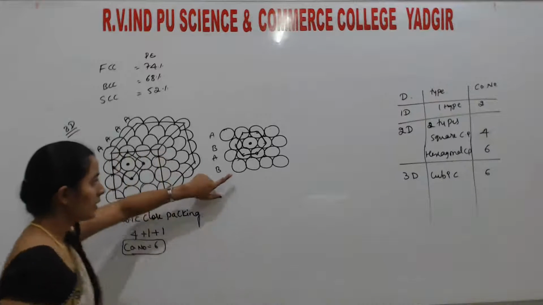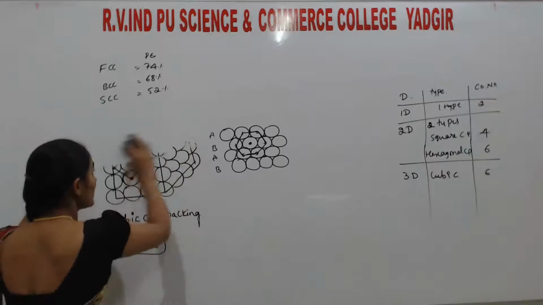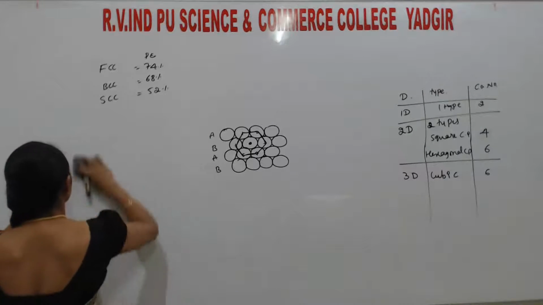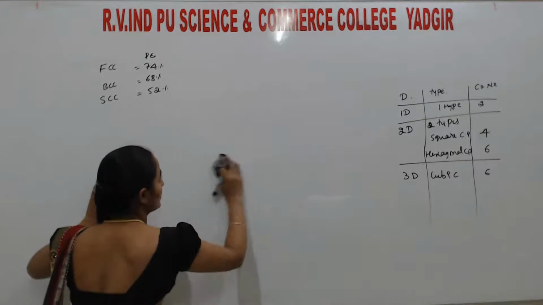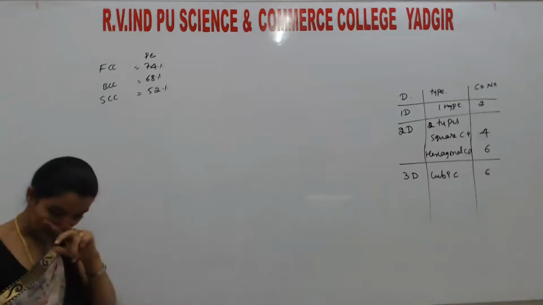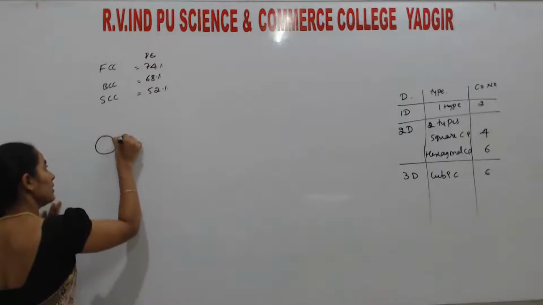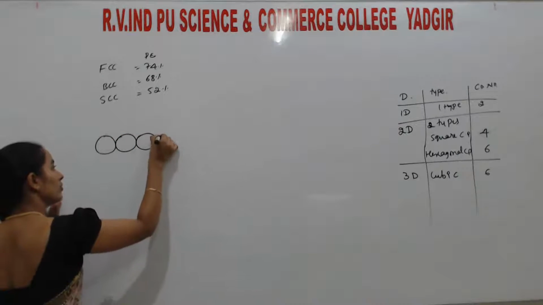So another one is there, hexagonal close packing. I just wrote this because I need to explain what voids are. Okay, so listen, I'll consider the first layer of hexagonal close packing. I'll consider only 4 spheres here.